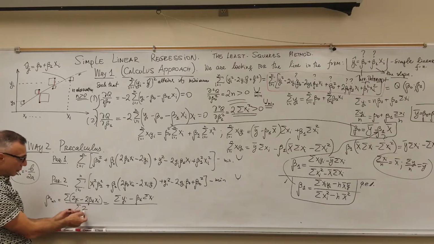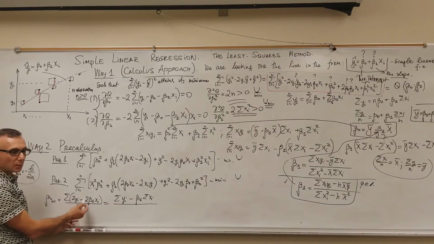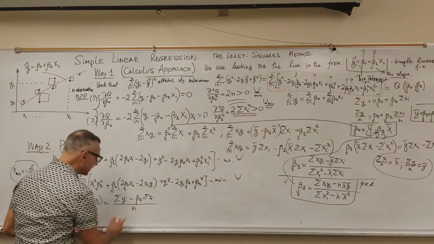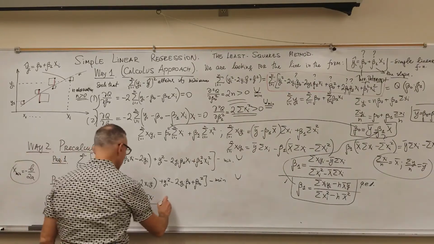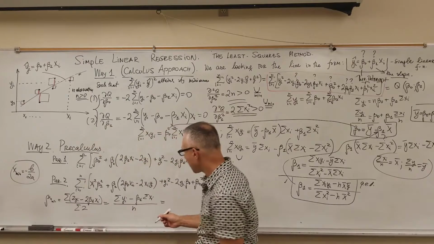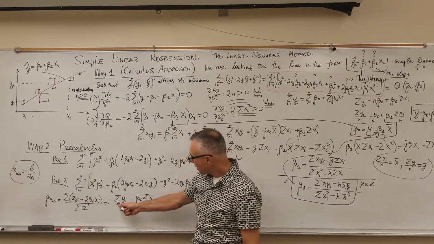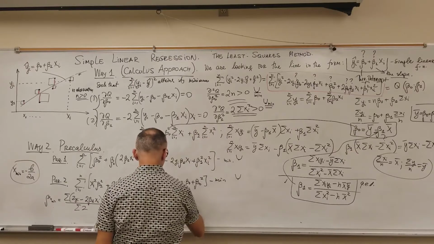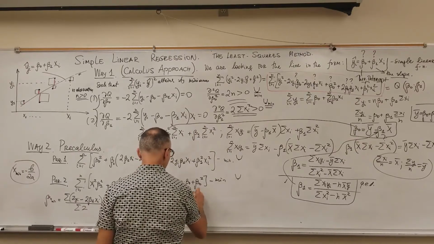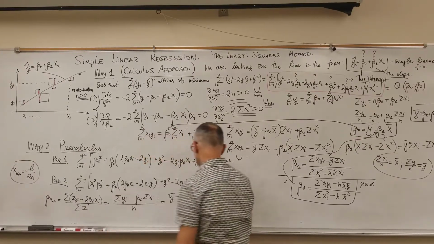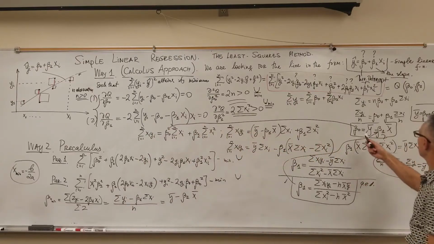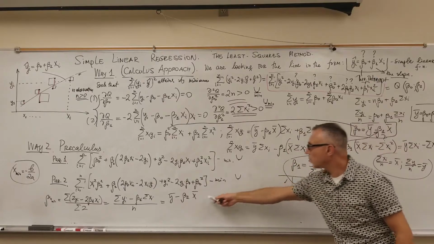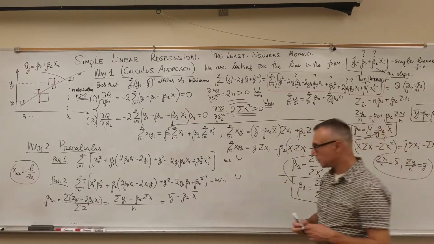When I reduce 2, it will be summation of 1 to itself n times, so it's divided by n. And actually, this is exactly what I have, the same formula. yi over n is y bar. It's y bar minus beta 1 x bar. That's the same formula I received while using my calculus approach.